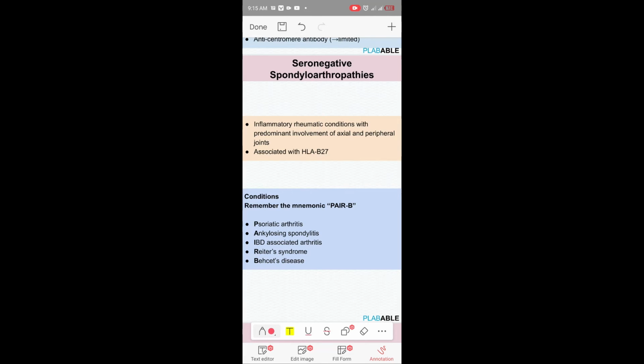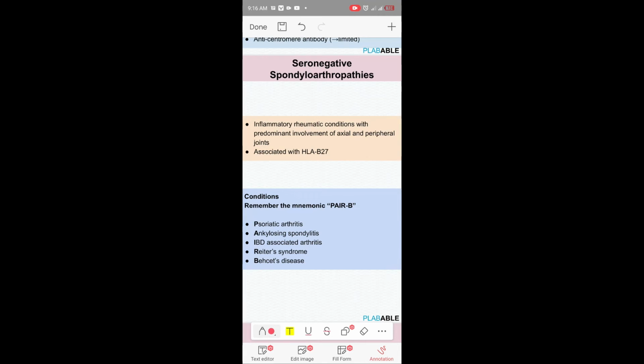Let me tell you. They are ANA negative and RF negative, rheumatoid factor negative. They involve the lower back and the sacroiliac joints. They have HLA-B27 association, and they have extra-articular manifestations. That's why we say seronegative, because they are ANA negative and RF negative.